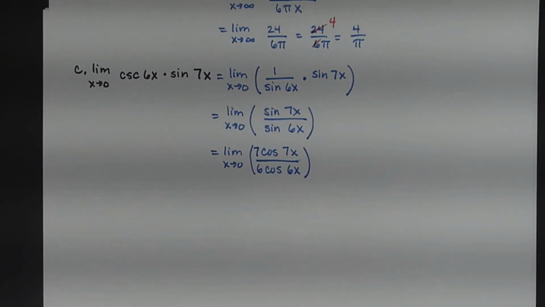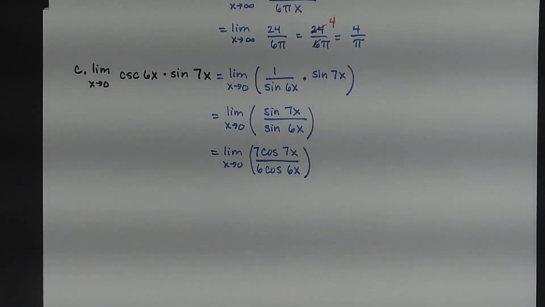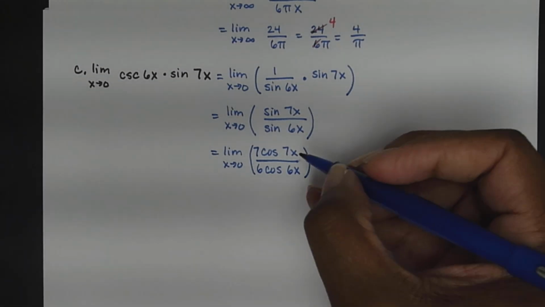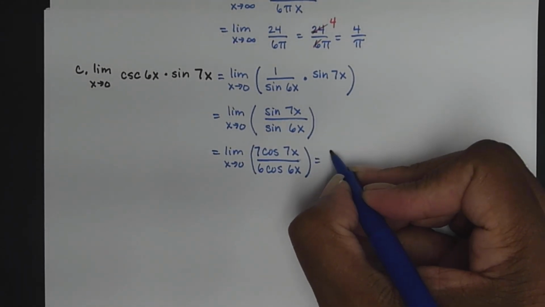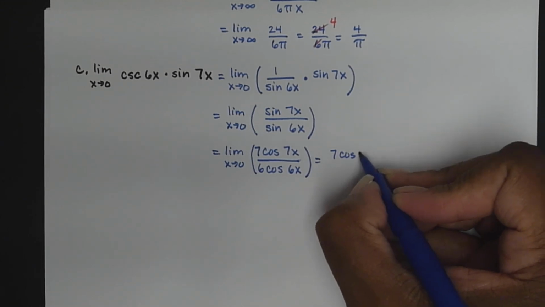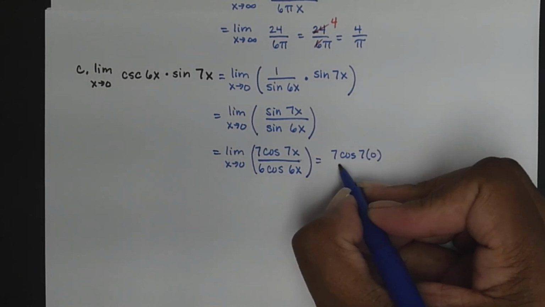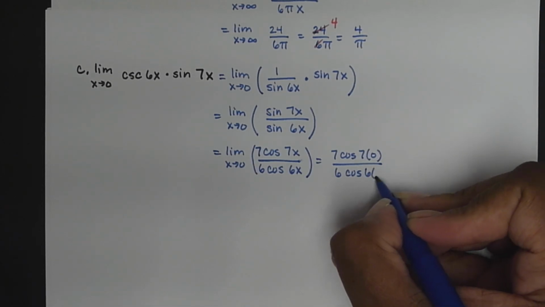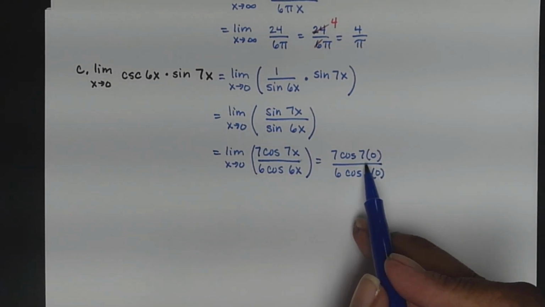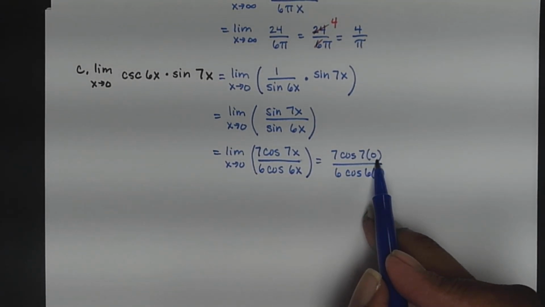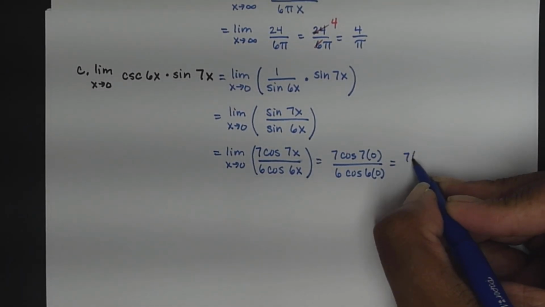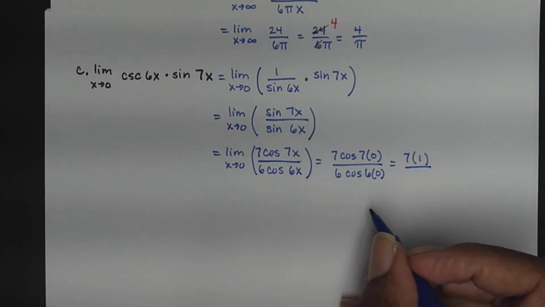Okay, so now we can do direct substitution because I know what the cosine of 0 is going to end up being. So this will be 7 cosine of 7 times 0 divided by 6 times the cosine of 6 times 0. 7 times 0 is 0. The cosine of 0 is 1.